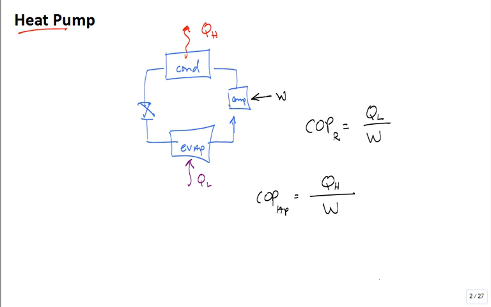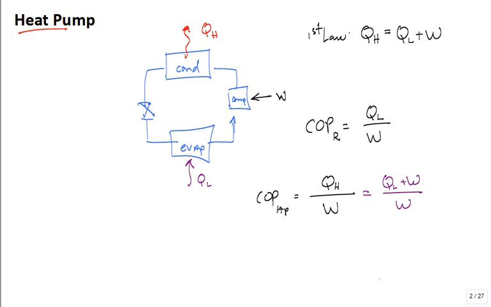What is the first law for this system? First law for the system says that Q sub H, the only out, is equal to Q sub L plus W, the two ins. Okay. Well, you can replace right here, and you could put Q sub L plus W divided by W. True?